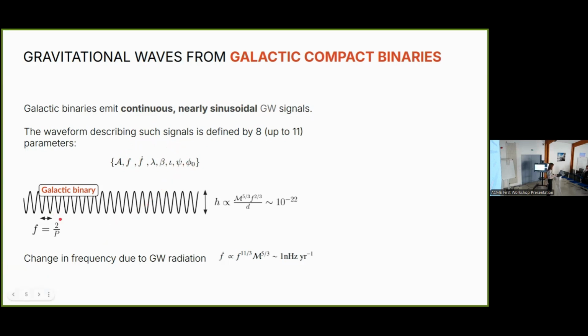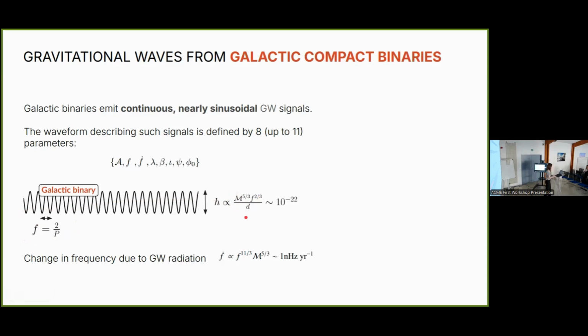Now, you well know that the frequency of gravitational waves for this source is twice the binary orbital frequency, and the amplitude scales with these 3 parameters, right? The chirp mass, frequency, and the distance.